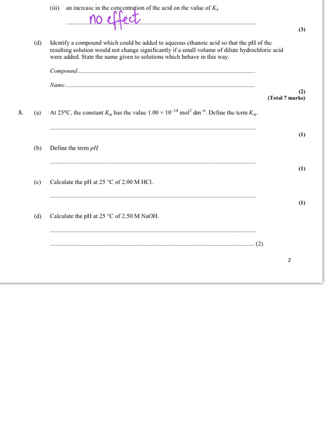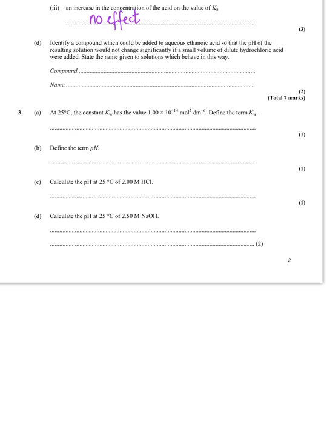Identify a compound which could be added to aqueous ethanoic acid so that the pH of the resulting solution would not change significantly if a small volume of dilute hydrochloric acid were added. State the name given to solutions which behave in this way. So we want to make a buffer solution.